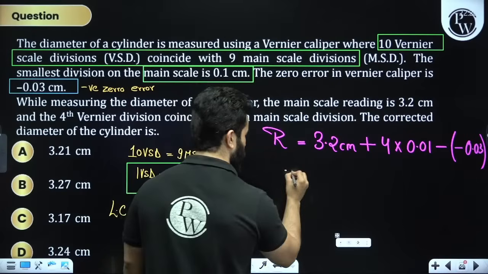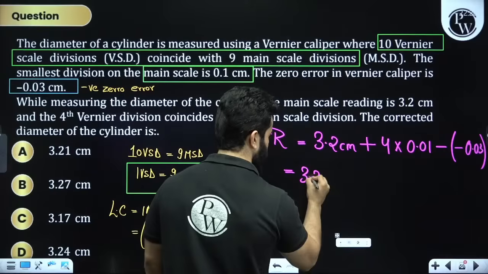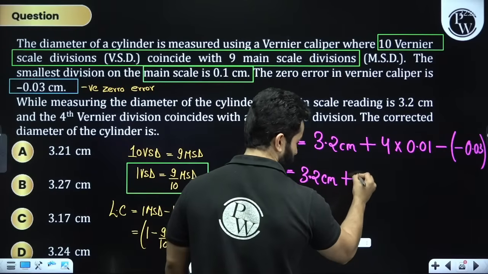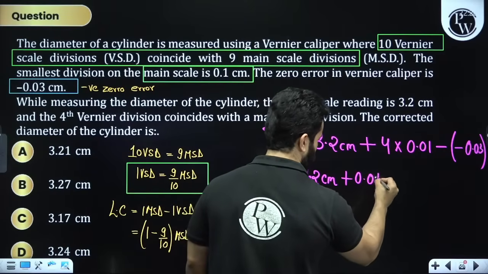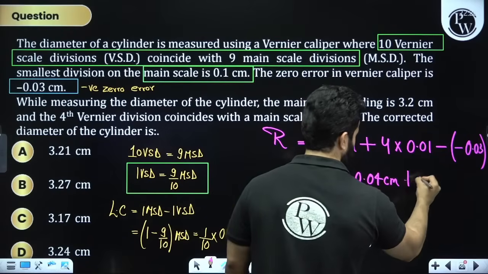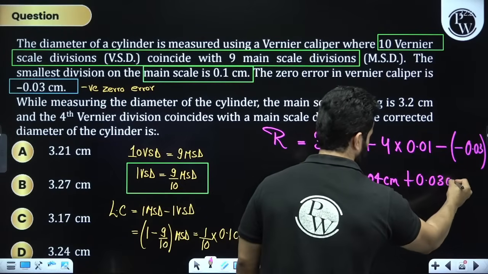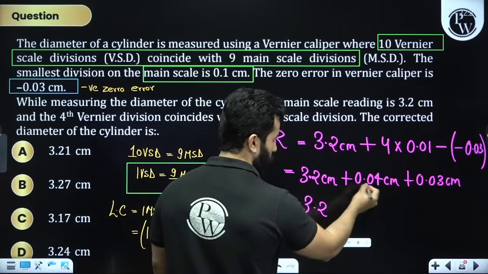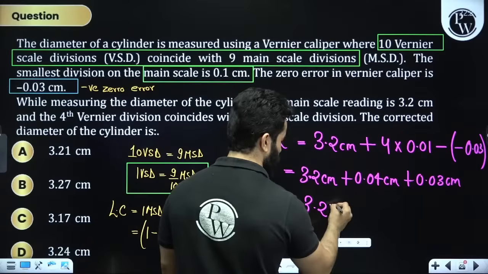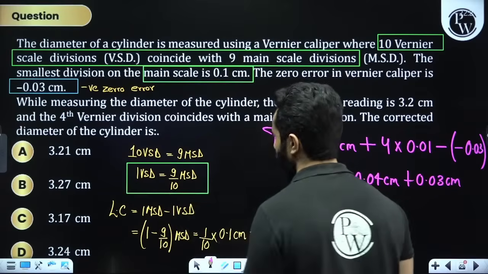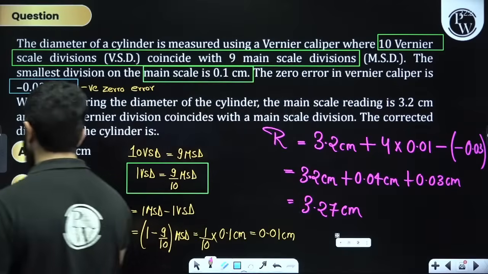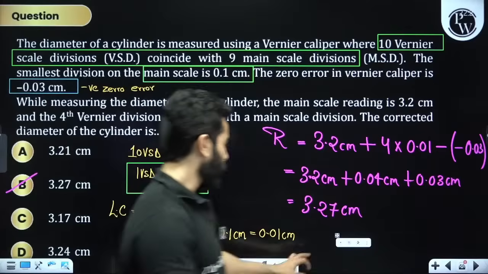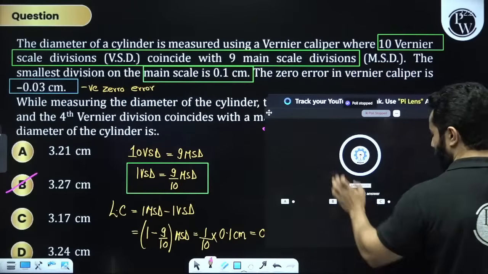So we are going to get 3.2 centimeter plus 0.04 centimeter plus 0.03 centimeter. That means finally you will get 3.27 centimeter, that means option number B.